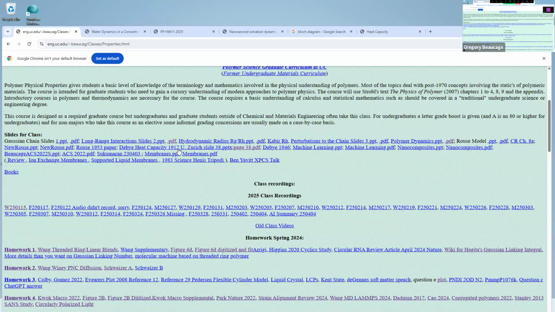I have all that stuff here linked up. That's weird, Dubai stuff, I didn't realize that. So I probably will go a little bit through Rouse. Then I got a whole set of slides on machine learning and artificial intelligence in polymers, and then nanocomposites I have. And then somewhere I did a whole thing on membranes in here.